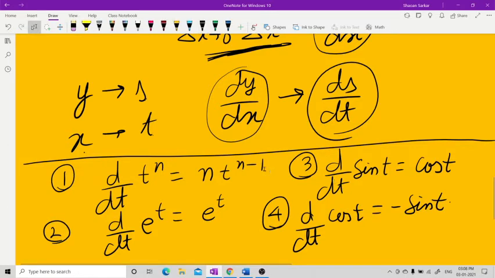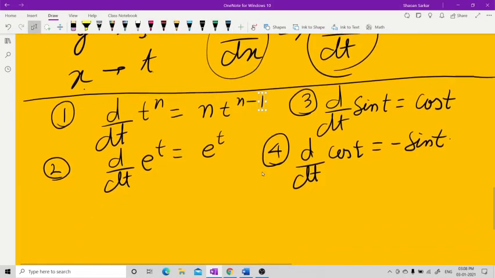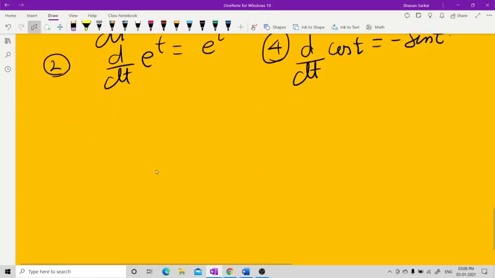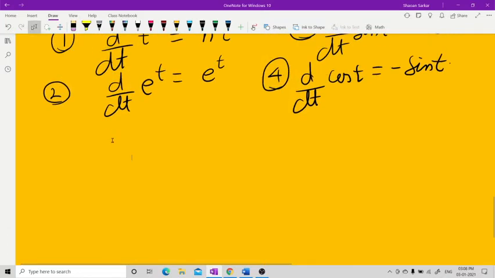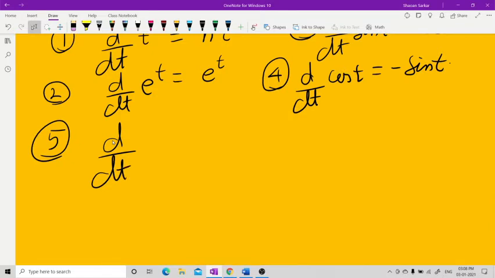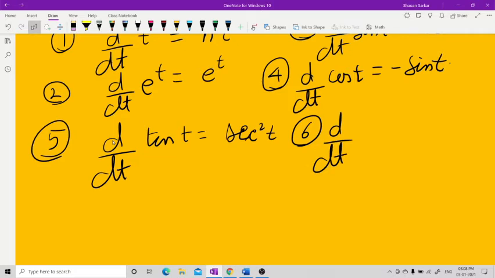Fifth, d by dt of tan t is sec square t. Sixth, d by dt of cot t is minus cosec square t.